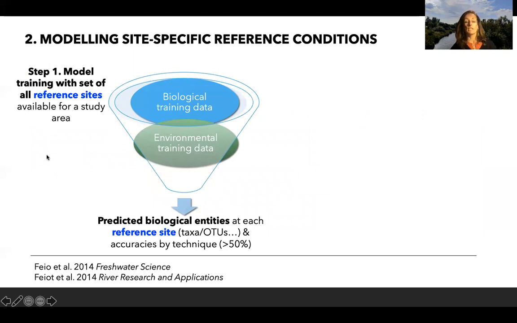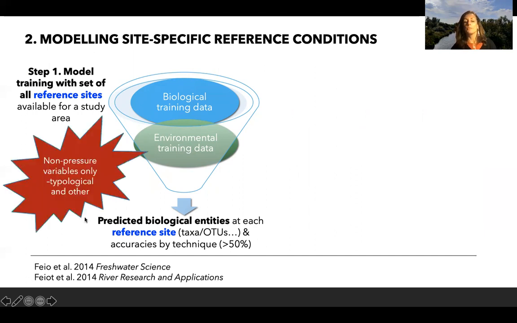So that's what we did. We trained a Hydra model with reference sites from our study area, and we also give the environmental training data. These environmental training data must be of only non-pressure variables.